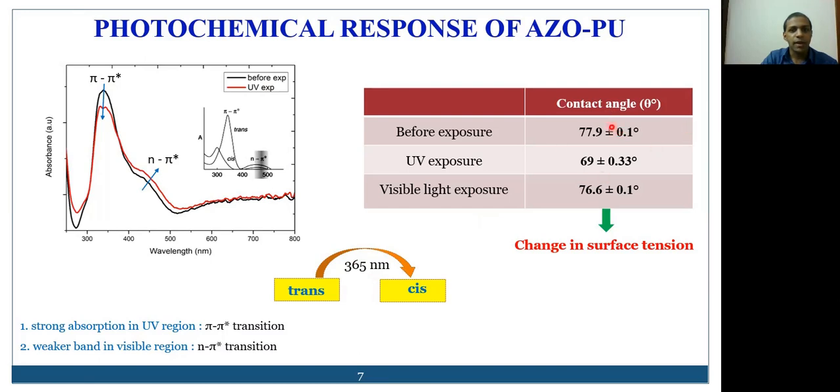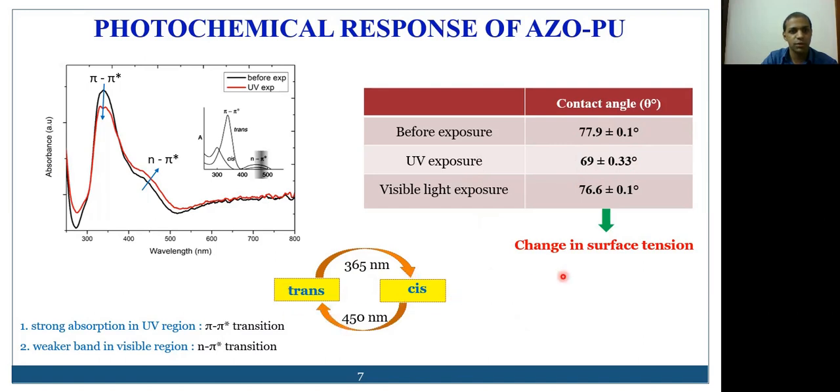The contact angle of the trans azo-PU is expected to be higher due to its lower surface tension, given that it doesn't have a dipole moment. Whereas the contact angle of the cis azobenzene is slightly lesser due to its higher surface tension. And we are able to recover the contact angle upon visible light exposure, suggesting that the reverse isomerization occurs at visible light exposure.